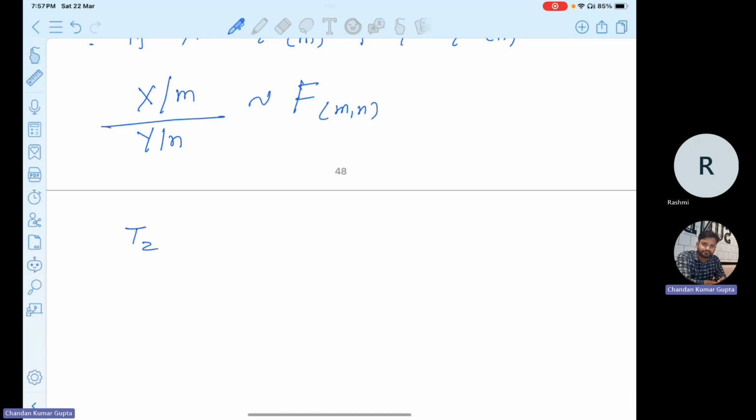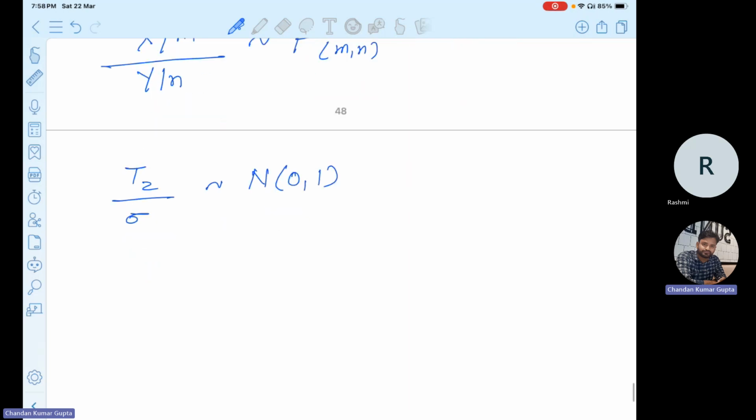Here T2 divided by sigma, that we have already defined, follows the standard normal distribution. We have also discussed that T2 divided by sigma whole square, the square of the standard normal variate, follows the chi-square distribution with 1 degree of freedom, that we have already discussed in the remark section.